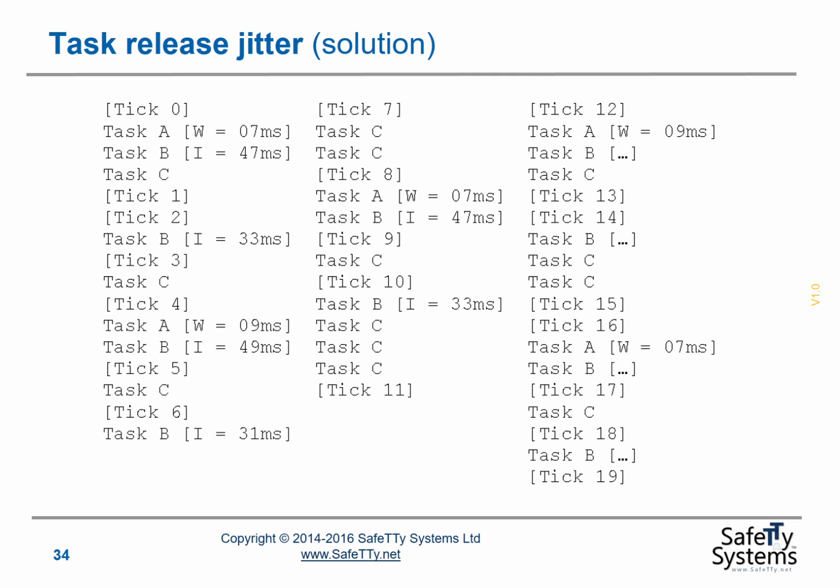So here we're saying 47 milliseconds since it last ran, 33 milliseconds since it last ran, 49 milliseconds since it last ran, etc. And you can see how we calculate those, because we know that the interval between ticks is 20 milliseconds, and we know what the worst case execution time of task A is, so we can work out from those what the interval is between the release times of task B each time.